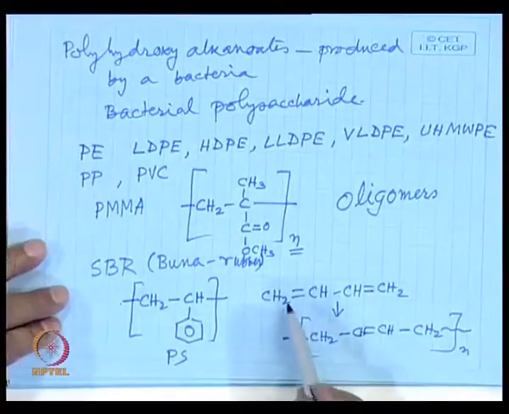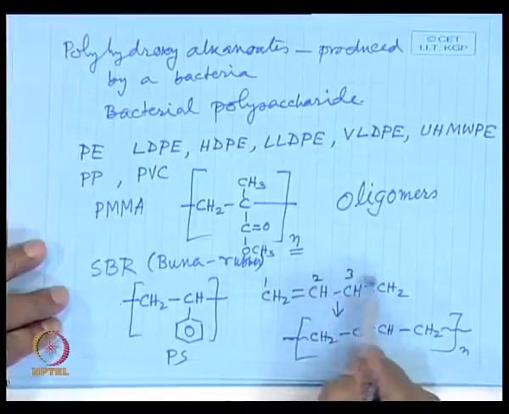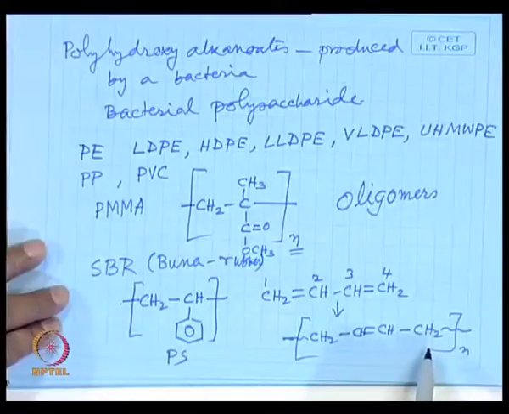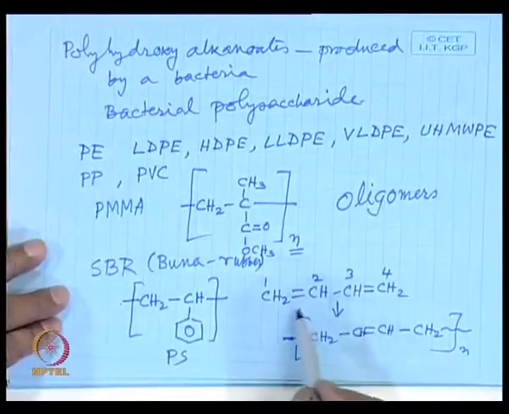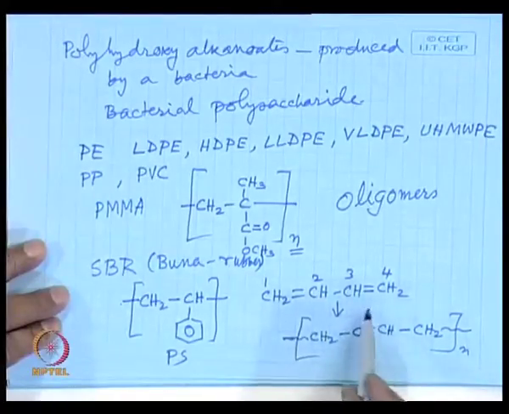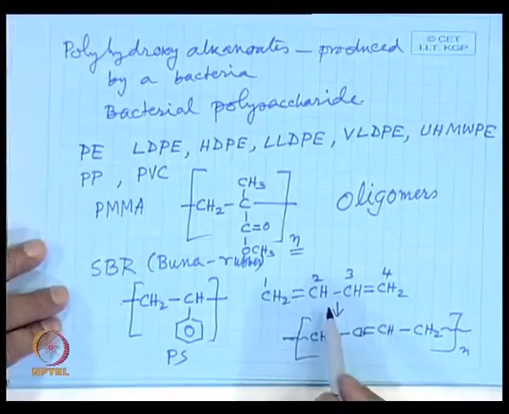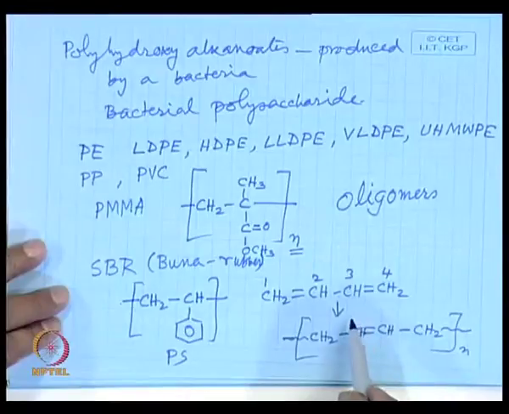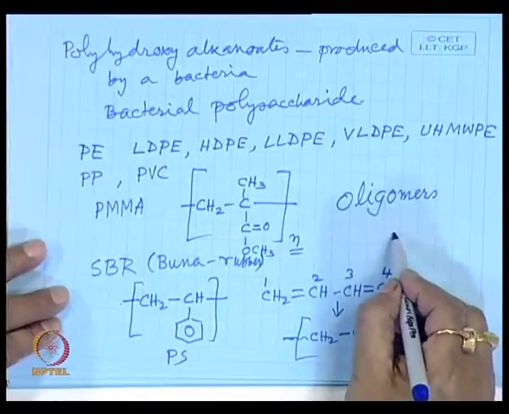So, there can be 1,4 linkage: this is 1,4 cis polybutadiene, 1,4 trans polybutadiene. You can have either 1,2 linkage or 3,4 linkage, there you will have 1,2 polybutadiene or 3,4 polybutadiene, that is called vinyl unit, like this.